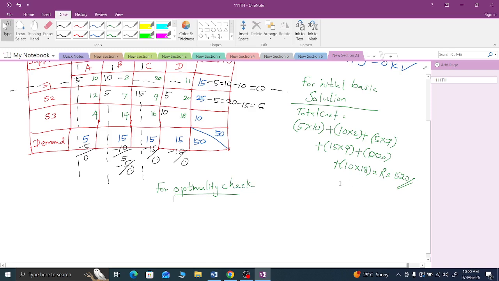Right. So for the optimality check, first we have to check for degeneracy, right?